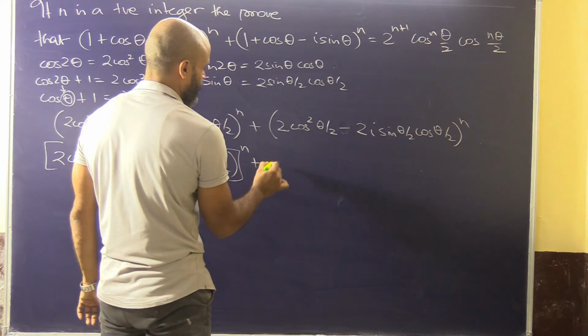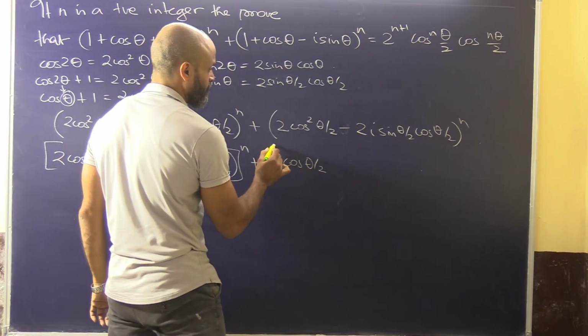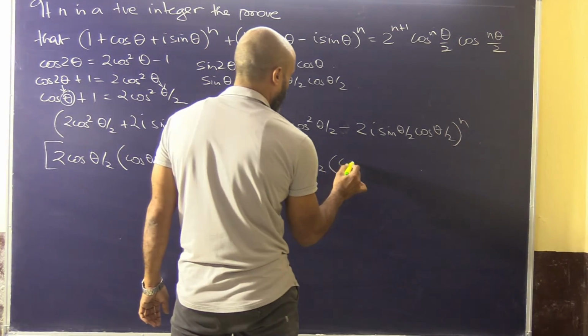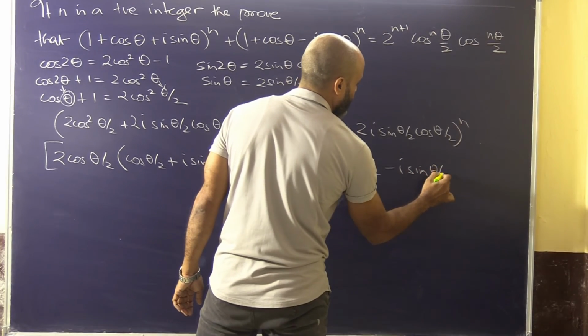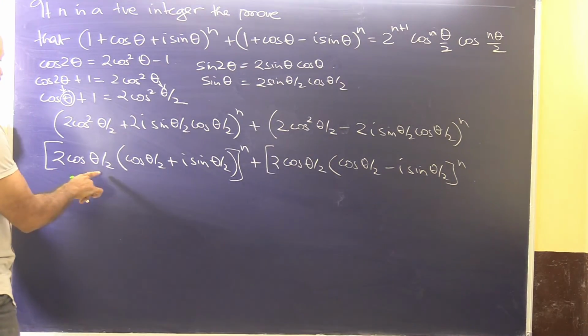Plus here we have again the same thing, 2cos²(θ/2) minus 2i sin(θ/2) cos(θ/2) to the power of n. If I take the common part here, 2cos(θ/2) as common, we have [2cos(θ/2)(cos(θ/2) + i sin(θ/2))]^n plus [2cos(θ/2)(cos(θ/2) − i sin(θ/2))]^n.